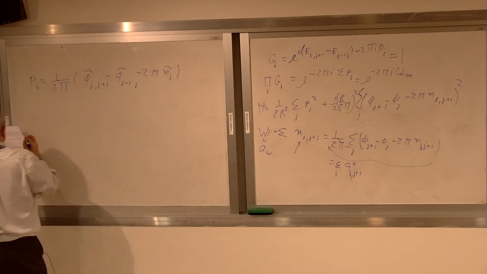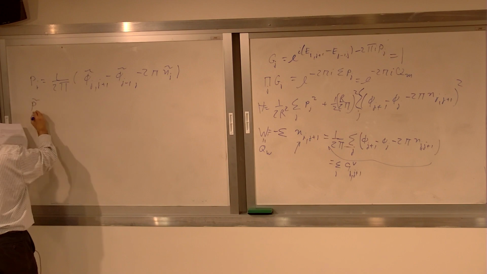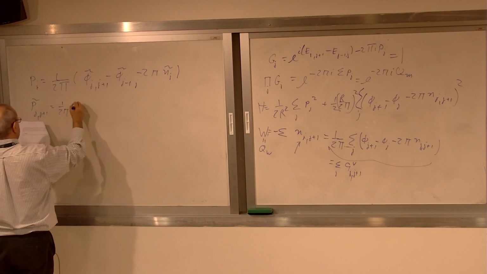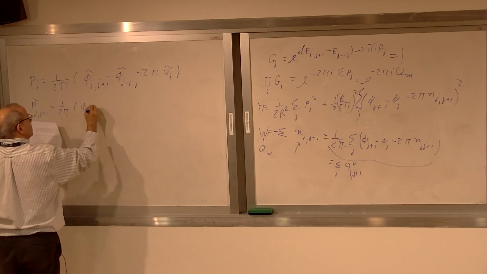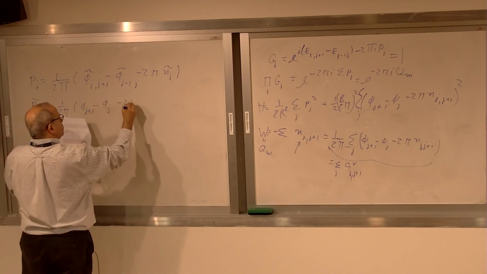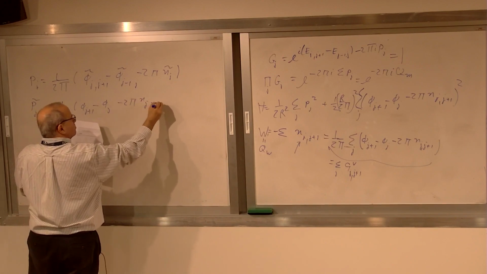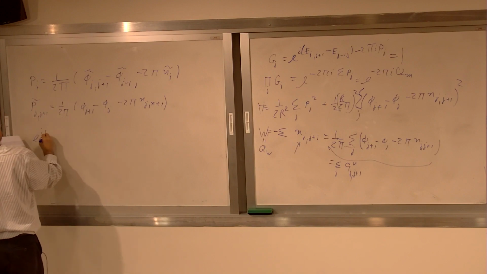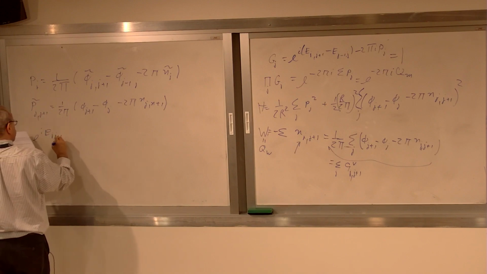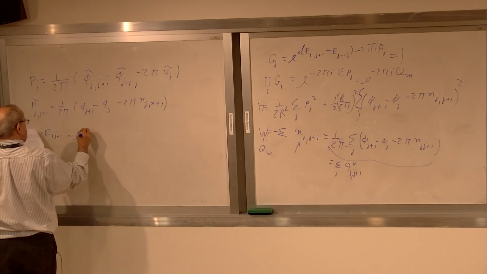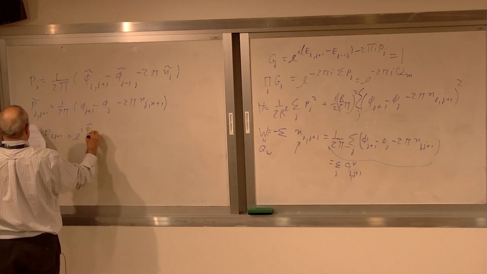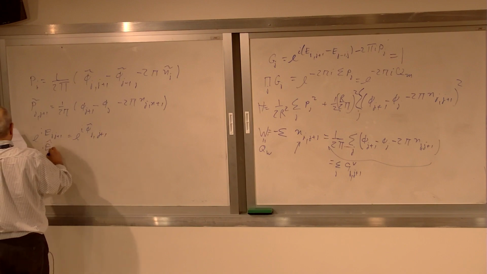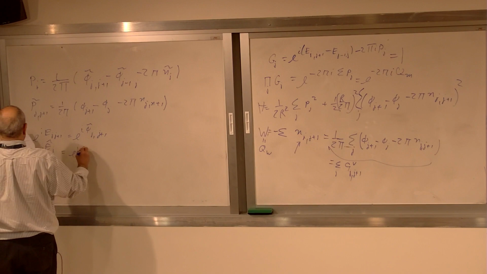And wherever I saw the conjugate momentum, j+1, which is 1 over 2π (φ_{j+1} − φ_j − 2π n_{j+1}). Just one second. e to the i ẽ_{j+1}, I'm going to write it as e to the i, and e to the i ẽ_j equals e to the i φ_j.